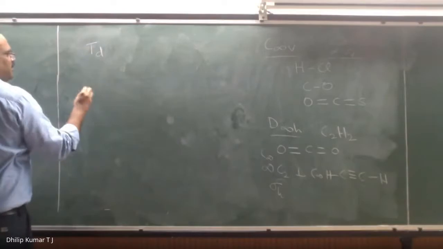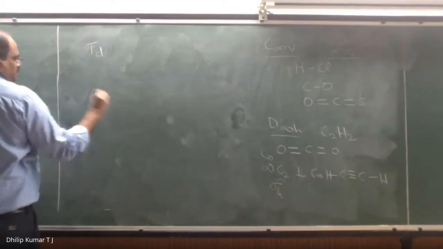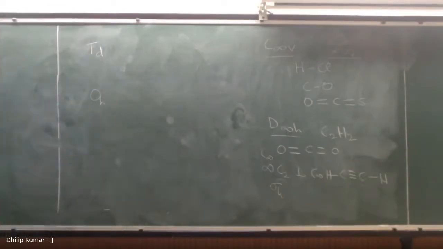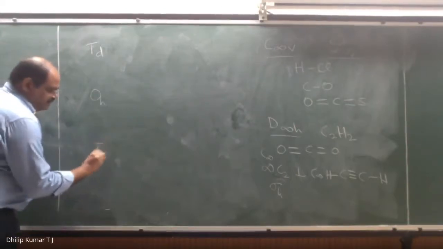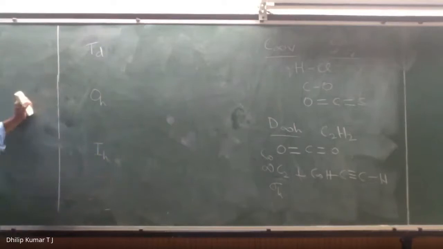Octahedral, I don't have to tell you, because most inorganic complexes will have OH symmetry. It's octahedral. And then icosahedral. Have you heard about icosahedral? The symbol is IH. It's a special point group which has very high symmetry.